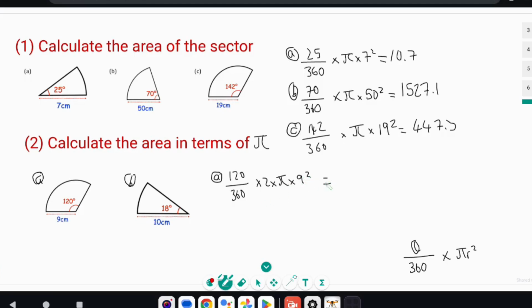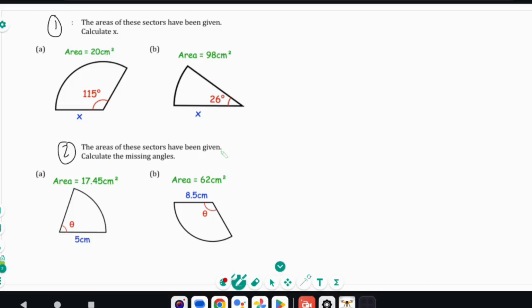I'm going to ignore the pi, work out the rest. 120 over 360 times 2 times 9 squared, 54 pi. Again, ignore the pi here. So 18 over 360.